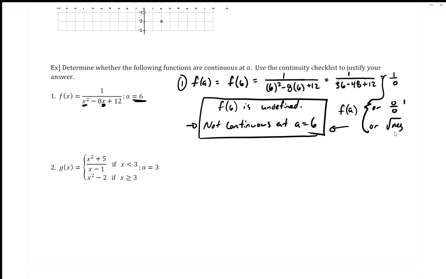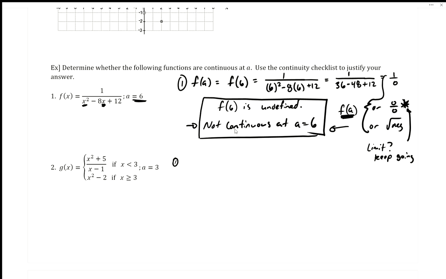Remember, if you have 0 over 0 and it's a limit, keep going. The notation can be a little confusing, depending on whether we're evaluating a function or doing a limit. But with continuity, this is it. It's done.